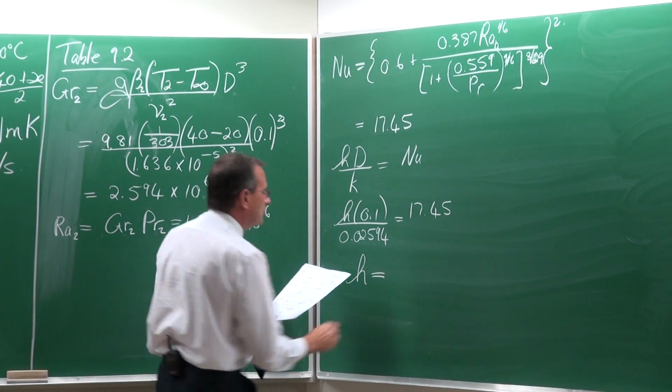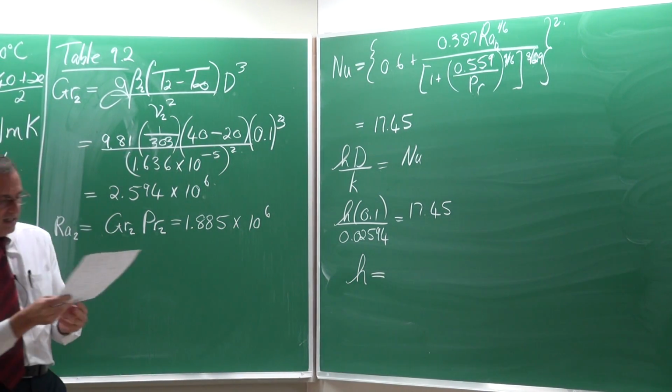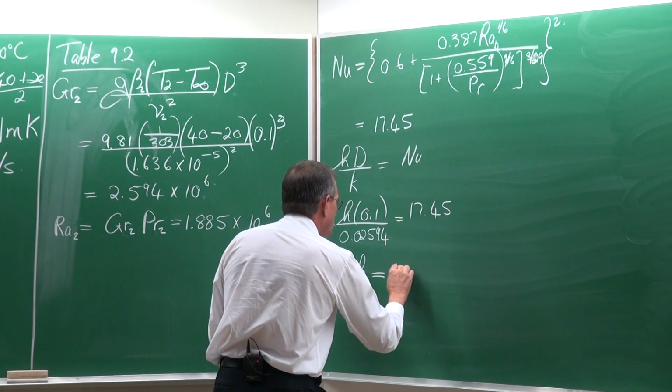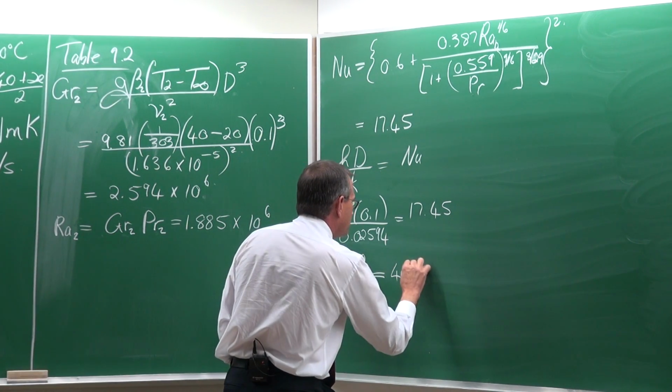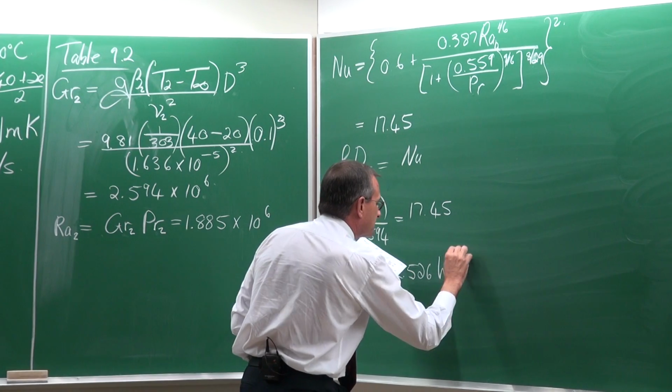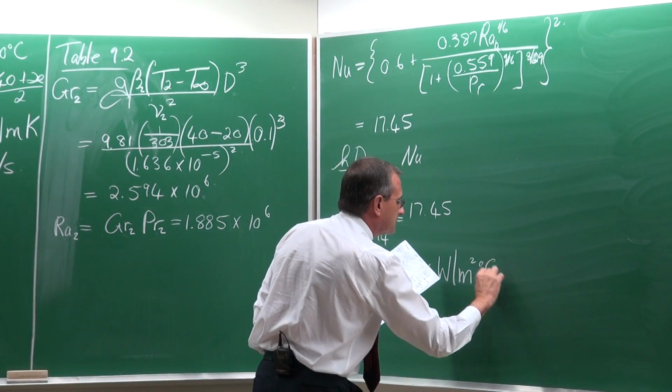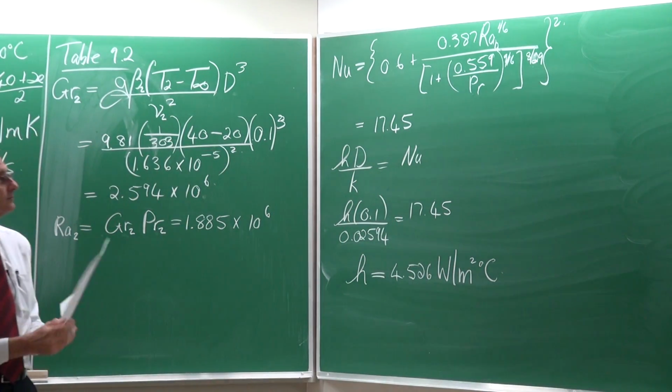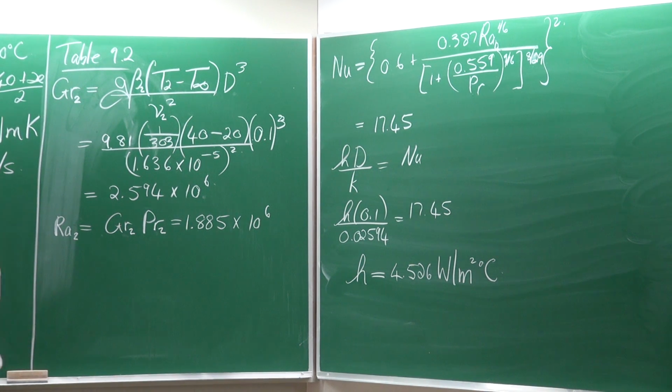So from that we can calculate that the heat transfer coefficient is equal to 4.526 watts per square meter degree Celsius. Okay, are you all with me so far?